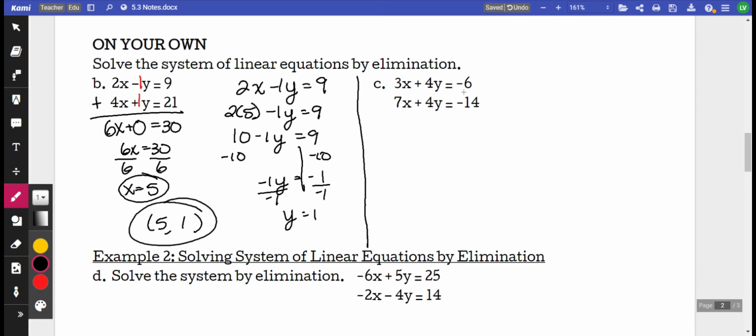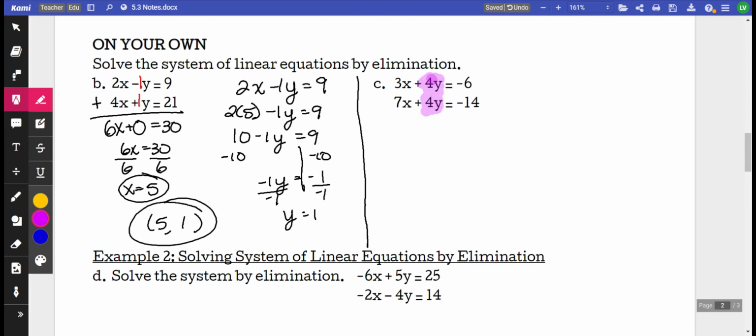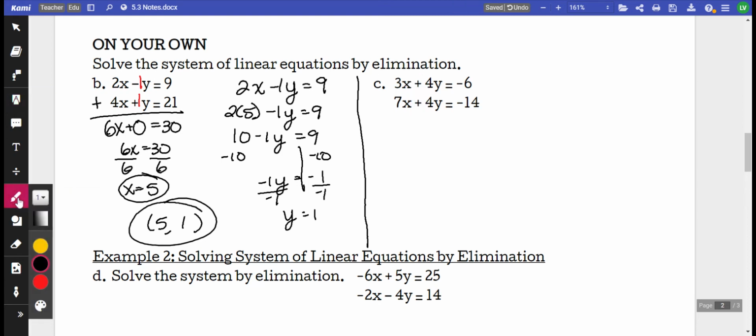3x plus 4y equals negative 6. 7x plus 4y equals negative 14. Our x's are not the same, but once again, the y's happen to be the same. In fact, this time not only are those the same, but their signs are the same. They're both addition, which means that we need to subtract.